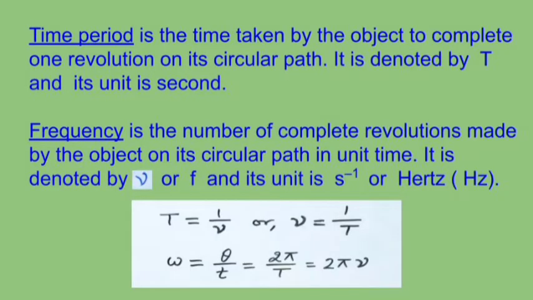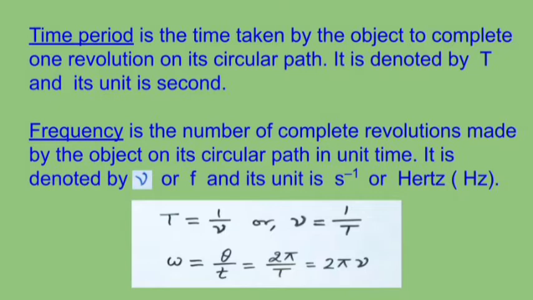Let us now consider the time period and frequency of the uniform circular motion. Time period is the time taken by the object to complete one revolution on its circular path. It is usually denoted by capital T and expressed in seconds. Frequency is the number of complete revolutions made by the object on its circular path in unit time.